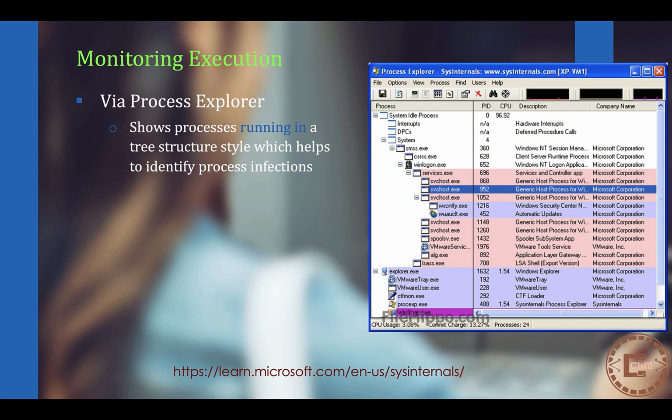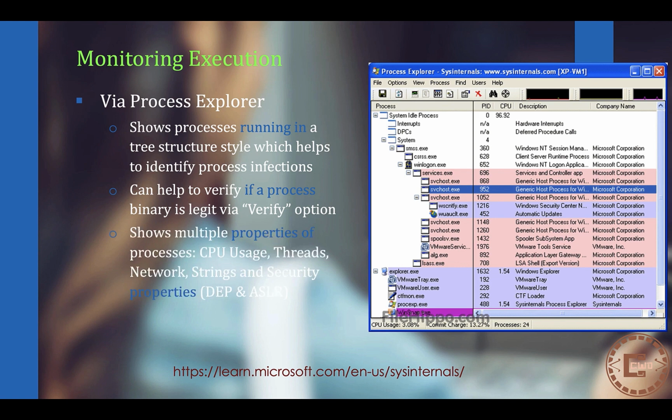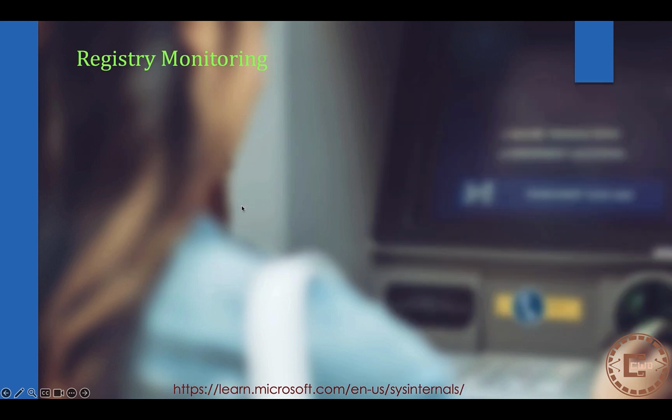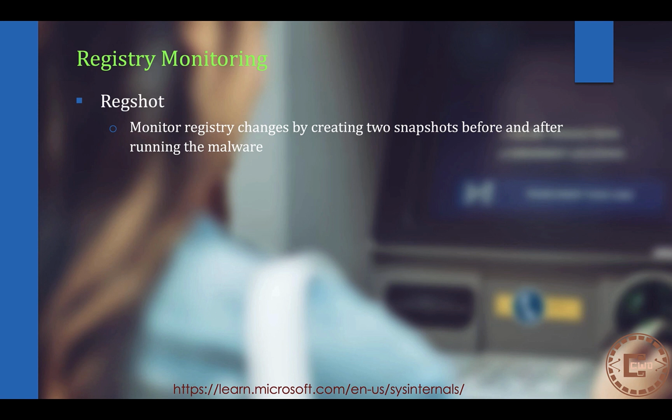So that's actually for me very, very useful to see how the malware is seen at process level, and you can also verify if it is legitimate, if it is signed, and some properties of the files. Useful. But that's mainly the way I use Process Explorer, to see what other processes are being spawned by the virus.